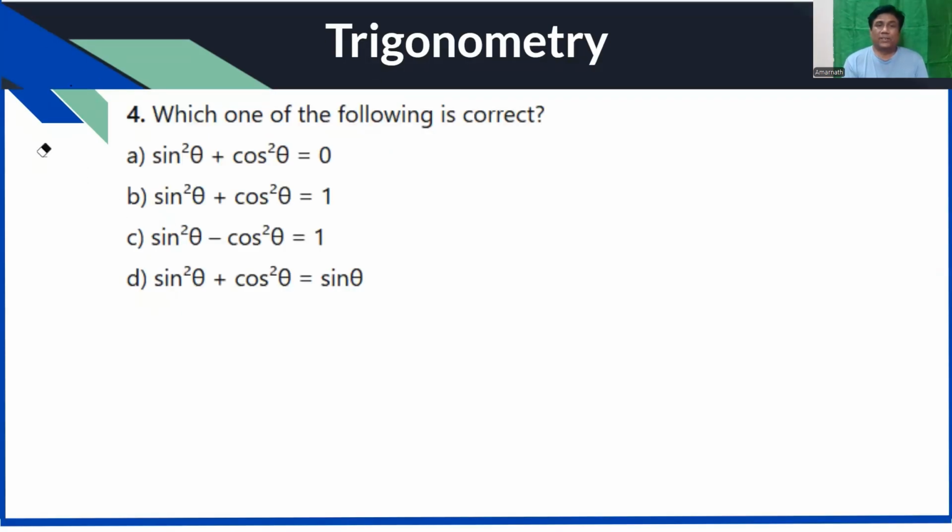Can you say which one is the correct option? Which one of the following is correct? Sin square theta plus cos square theta is 0. Sin square theta plus cos square theta is 1. Sin square theta plus cos minus cos square theta is 1. Sin square theta plus cos square theta is sin theta.